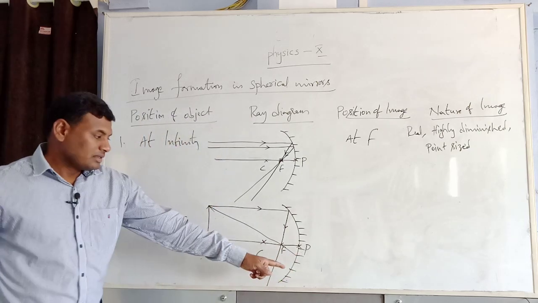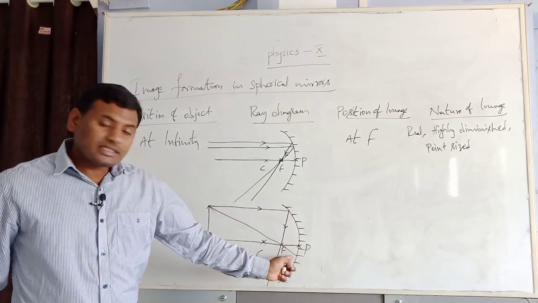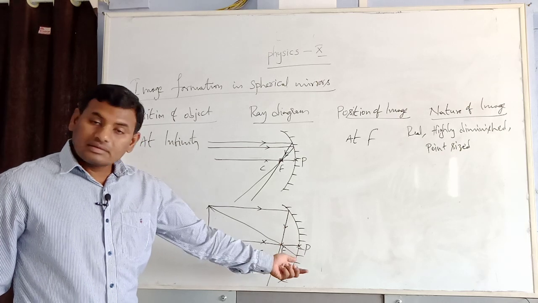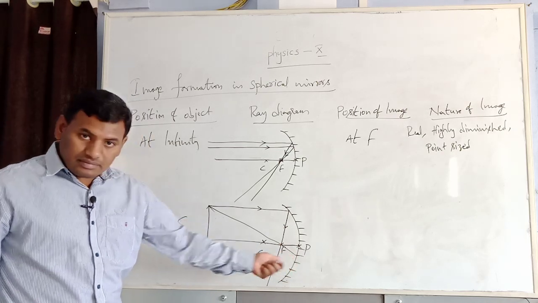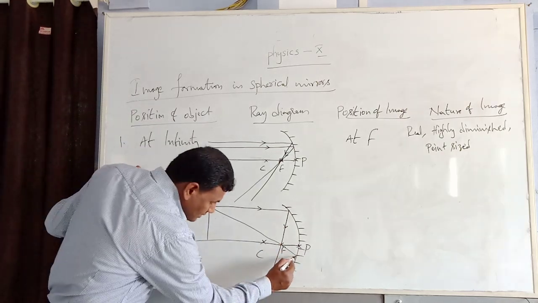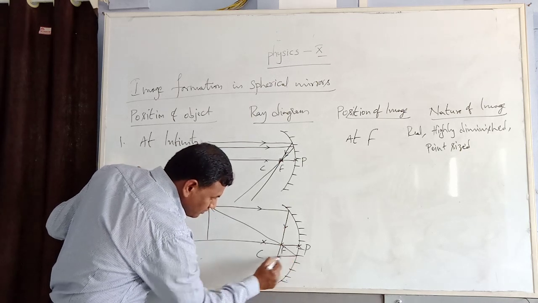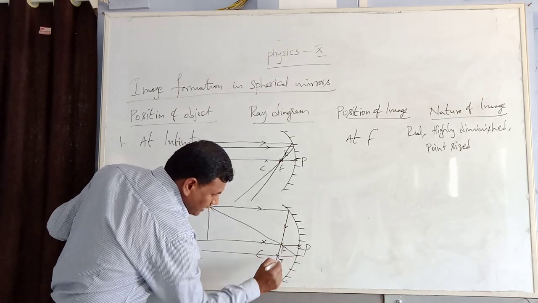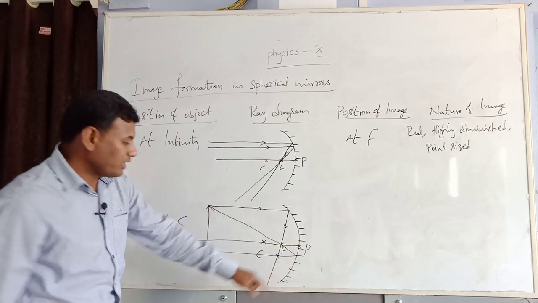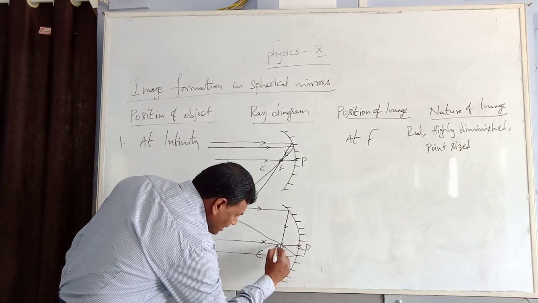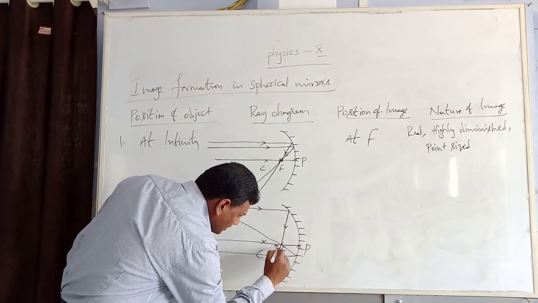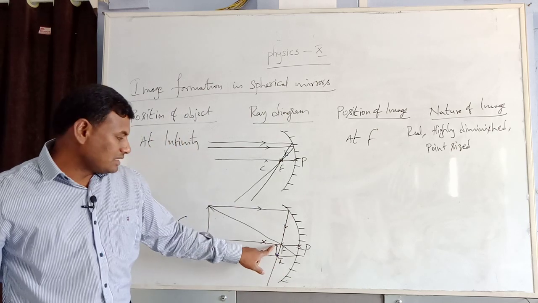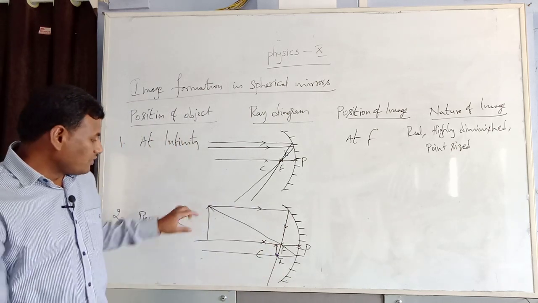As the ray is passing through the principal focus F, the reflected ray will be parallel to the principal axis according to rule 2. So these two are intersecting at a certain point, and this point gives us the image, and this will be the size of the image.